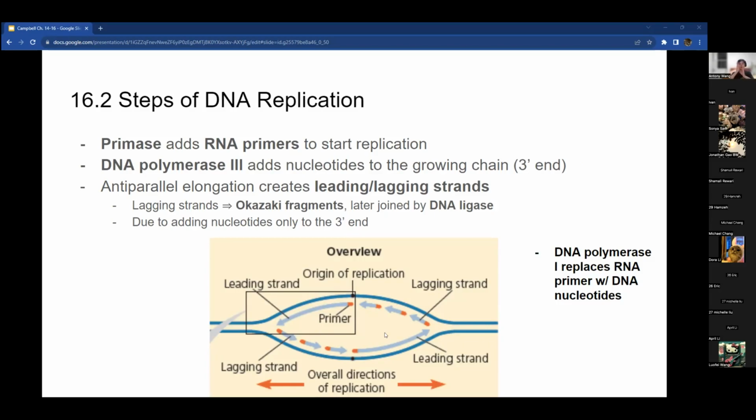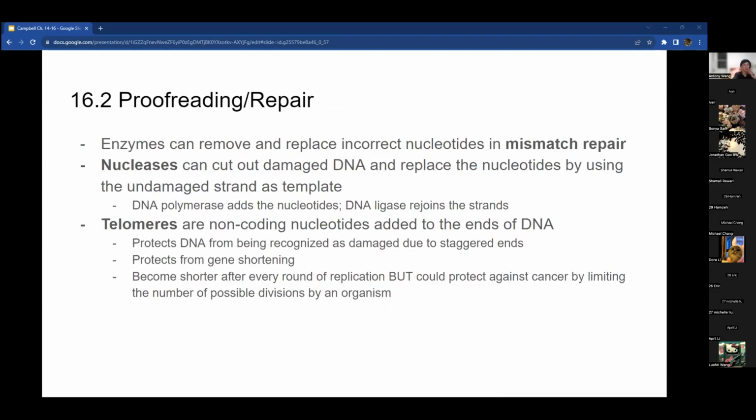So if this is the leading strand synthesis, and this is the lagging strand, this uneven DNA strand would usually be a big alert signal: there's DNA damage, we have to commit apoptosis. But the telomeres are associated with specific enzymes and proteins that prevent that from happening. So it protects DNA.